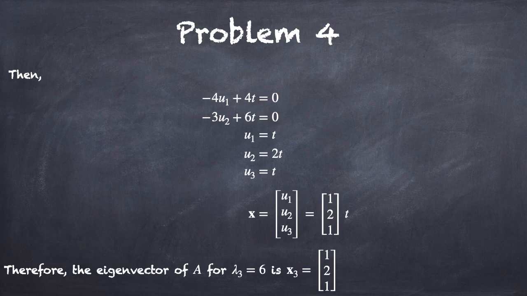Now we can factor out t, and we'll get 1, 2, and 1. So this gives us the third eigenvector, or the special solution of A minus 6I, which is the eigenvector corresponding to lambda 3 equals 6. So 1, 2, 1 is the eigenvector of A for lambda 3 equals 6.